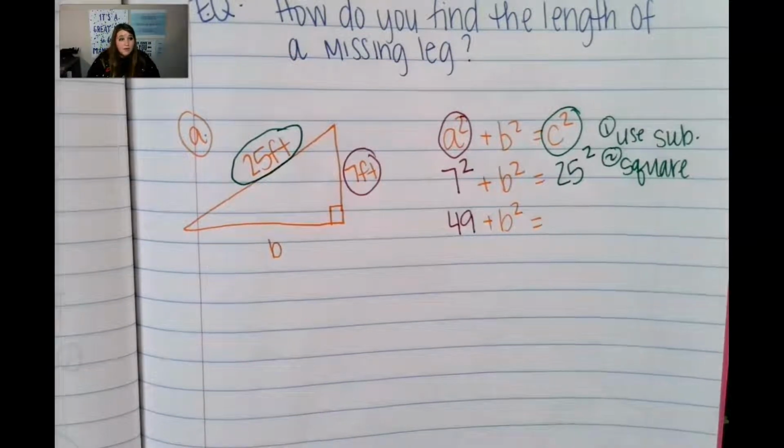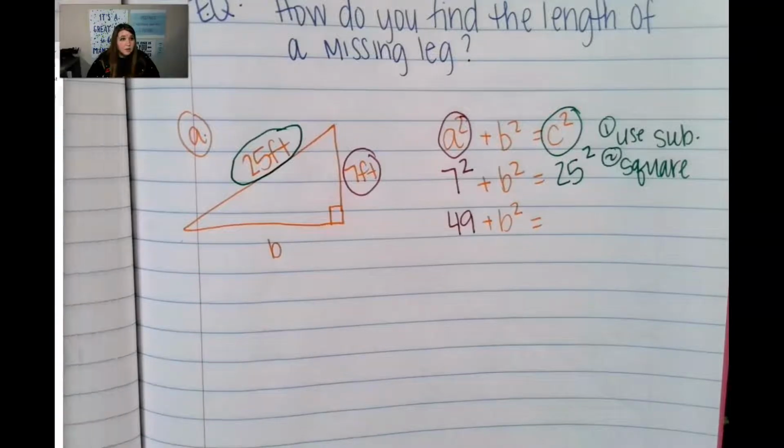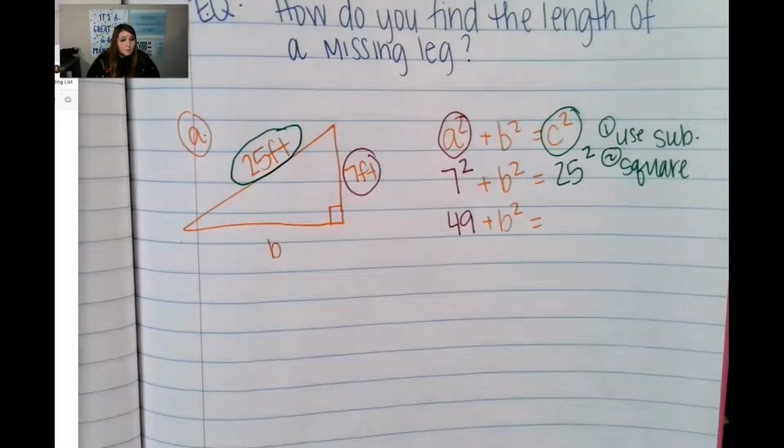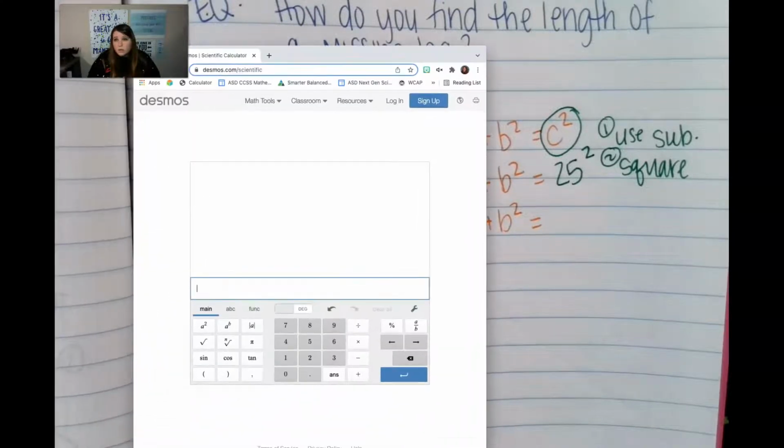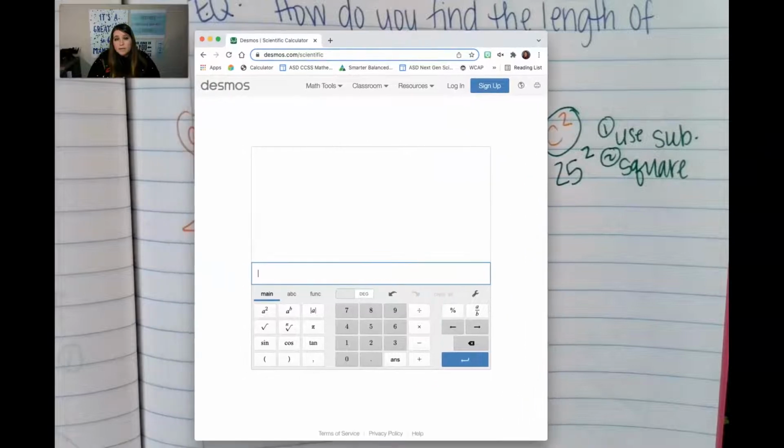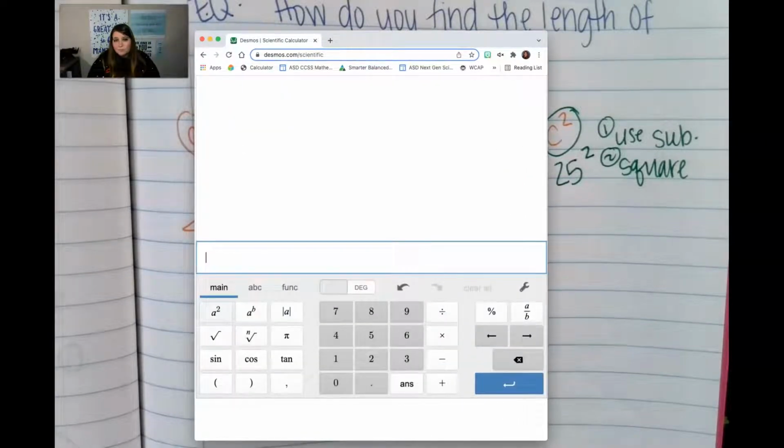So 25 times 25. Let's go ahead and pull out our Desmos calculator from our last lesson, and we're going to go ahead and use that again because that is a really bizarre one.